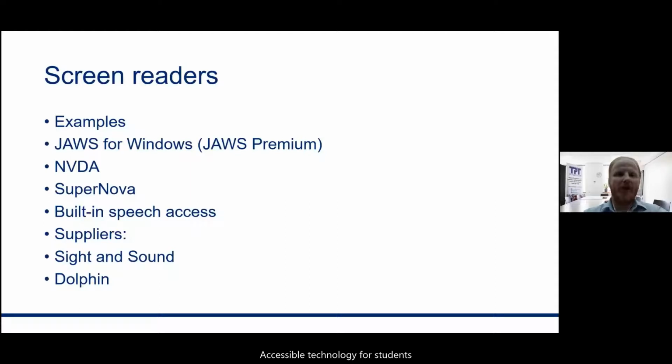So it's well worth having a look at the accessibility options on the device that you might have to hand. If you go into the settings app on whatever device it might be, search for accessible or accessibility, and you will probably find all sorts of things that could be of value to you.